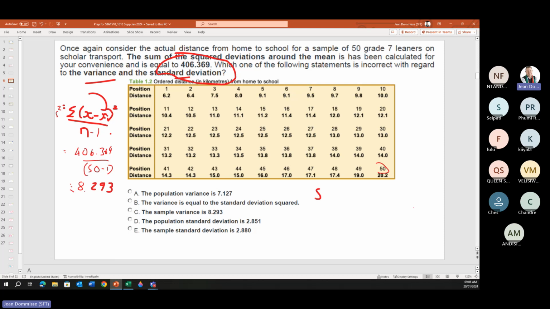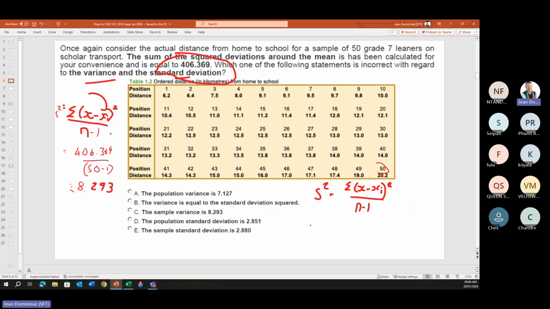When it is sample variance, it is that sum of squares divided by n minus 1.